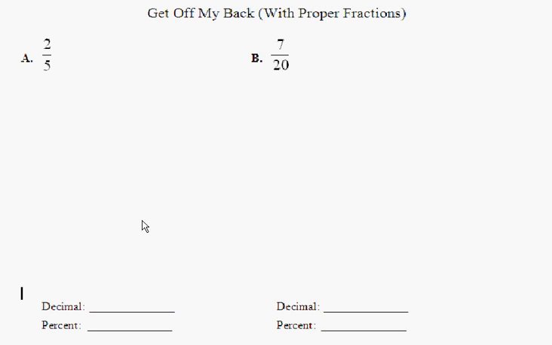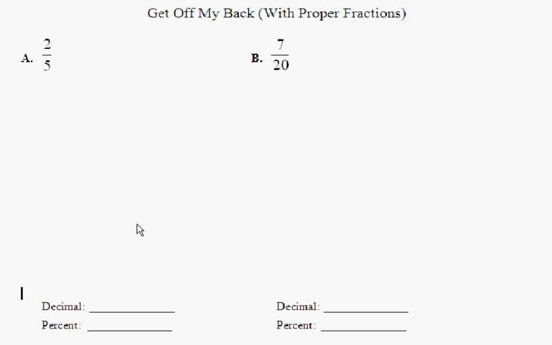Okay, Kipsters, so today we are going to learn another way to take a fraction and convert it into a decimal and a percent. It's a way we've learned before in an earlier class, but we used to do it with improper fractions. Those are the fractions where the numerator is larger than the denominator.